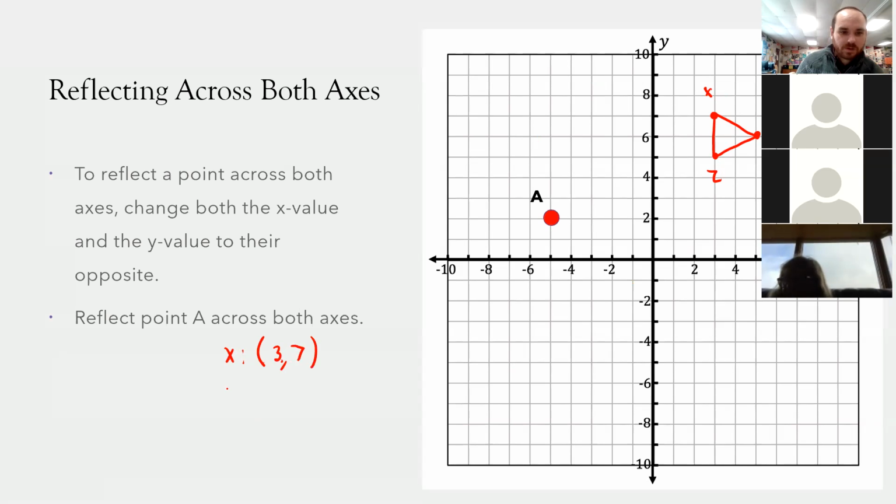Our Y coordinate is (5, 6). And our Z is (3, 5).